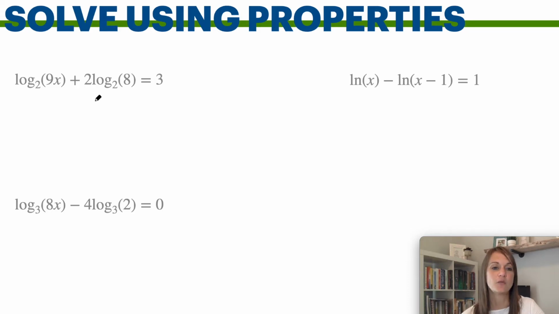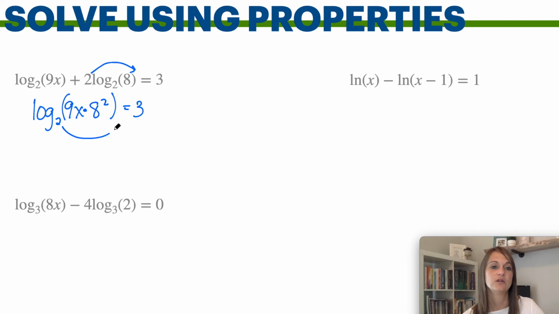We can use log properties and also how to solve them. When we have two logs that are added together, we can actually bring them into one log that's multiplied together. This 2 was an exponent, and then I can rewrite this log.